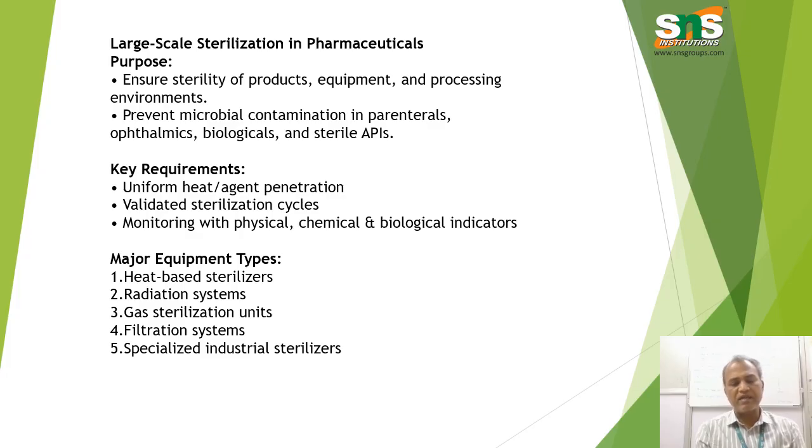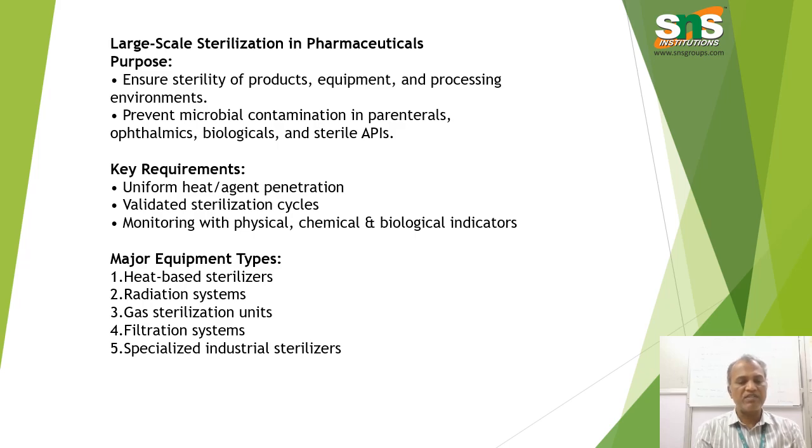Physical indicators are the pressure gauge and temperature valve. Chemical indicators are purely chemicals like ethylene oxide and formaldehyde gas, and biological indicators are microbes. With the help of those indicators, the system undergoing sterilization has to be evaluated.